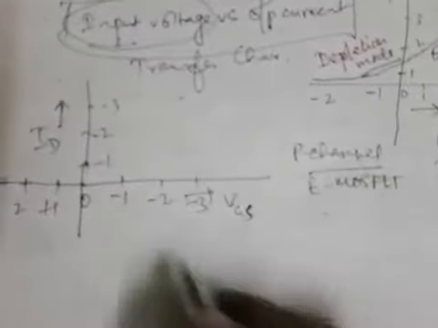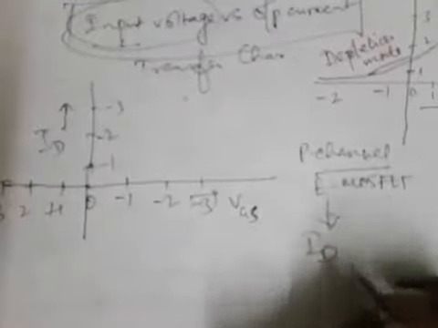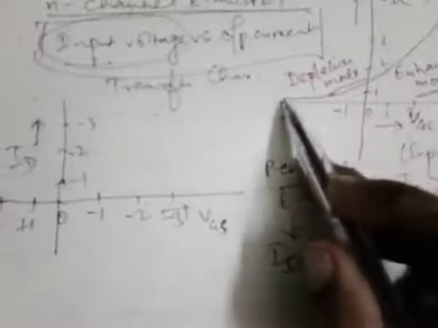So here for N channel the ID is greater than 0, but for P channel ID is less than 0, negative. But the characteristics will look like the same like here, but here it is extended quite a lot to the second quadrant, but here in this case for P channel it will not extend into the second quadrant that much more.